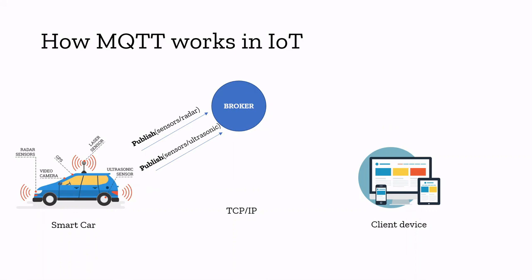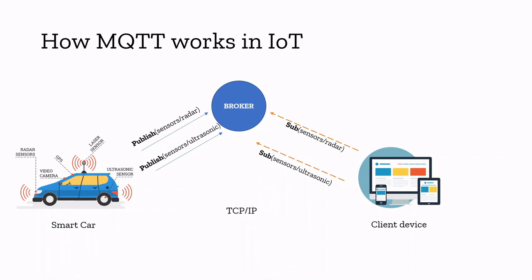In this MQTT scenario, your smart car and your client device are both clients, and your broker is a server. Your smart car will publish the sensor data to the broker on the topic sensors/radar, which carries the radar data, and sensors/ultrasonic, which carries the ultrasonic sensor data. You use your client device to subscribe to these topics: subscribe sensors/radar, subscribe sensors/ultrasonic.